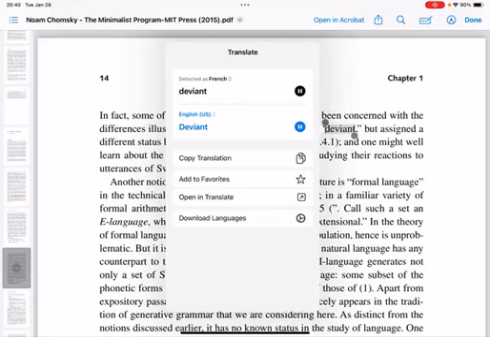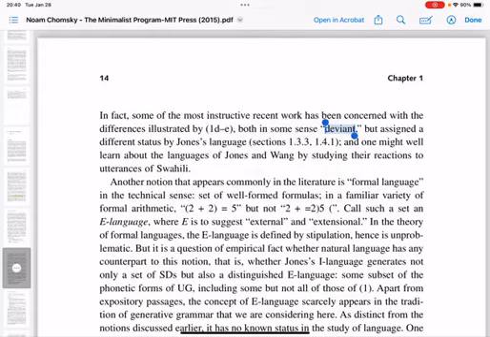Deviant. Deviant. Please, quickly. Okay, it's stuck. Just read it, okay? Please. All right. Deviant? Deviant. I feel like it's deviant.